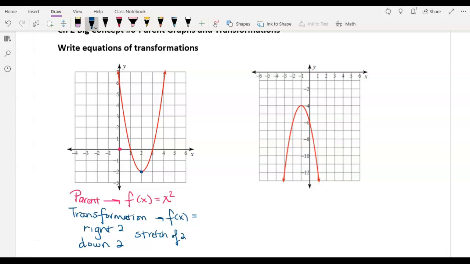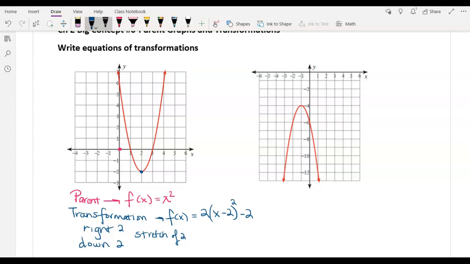So when we put this all together, we get f of x equals 2 times (x minus 2) squared minus 2. So right 2 is the minus 2 here, down 2 is the minus 2 at the end, and the stretch of 2 is that 2 in the beginning.